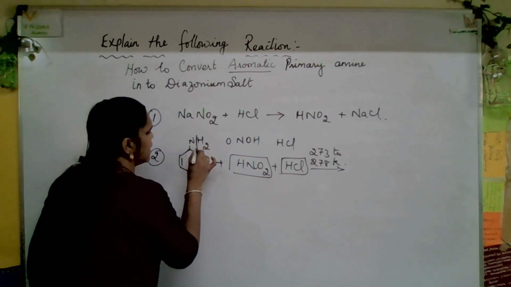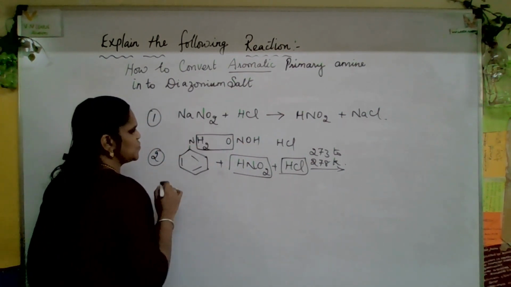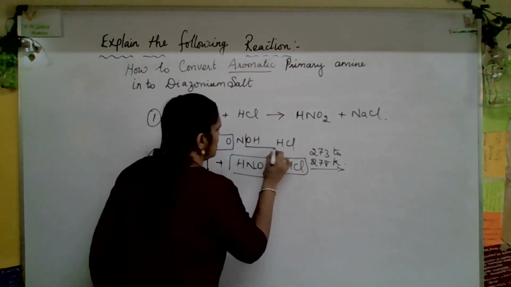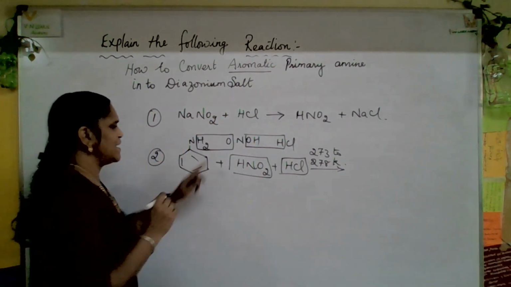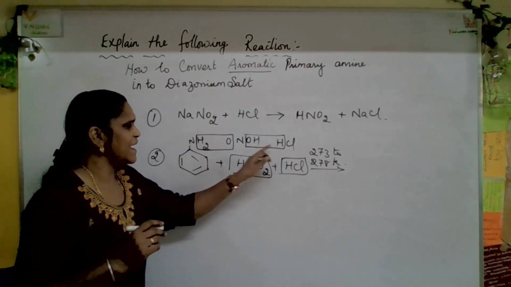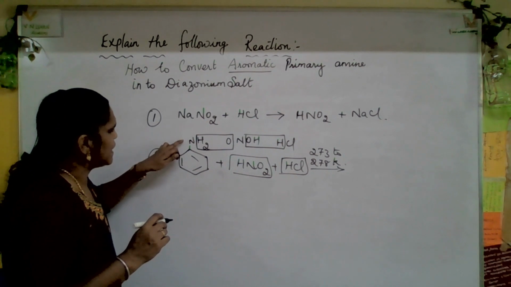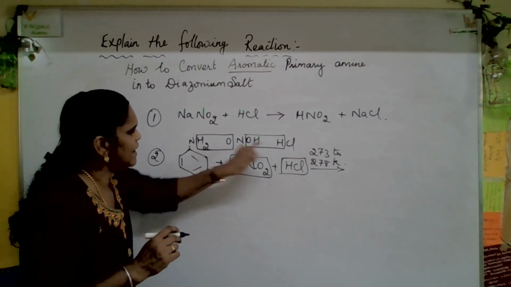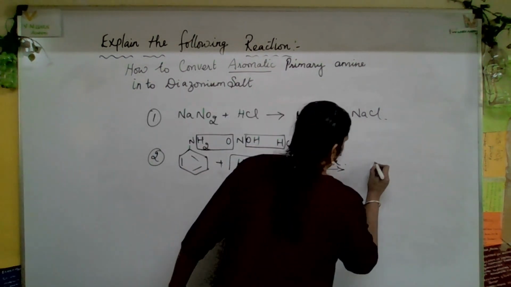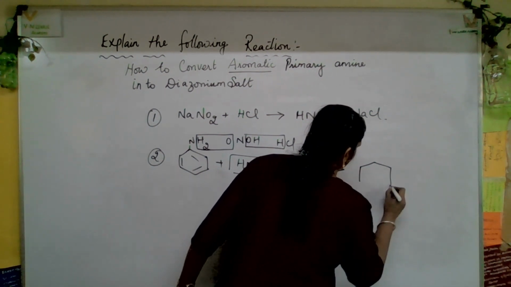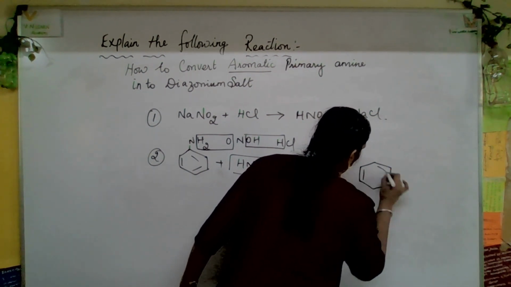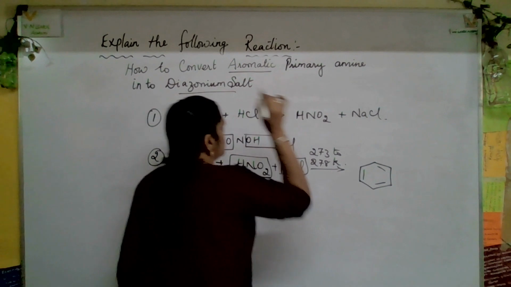You will get H2O and H2O. One N and here one N and here Cl. So what is the product we are getting? We want that product only. What is the product? Diazonium salt.